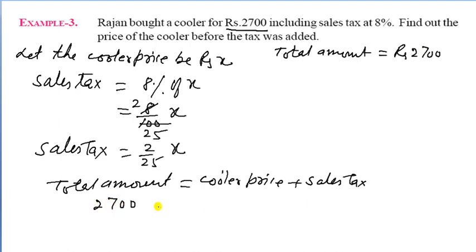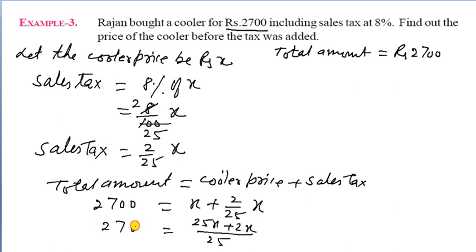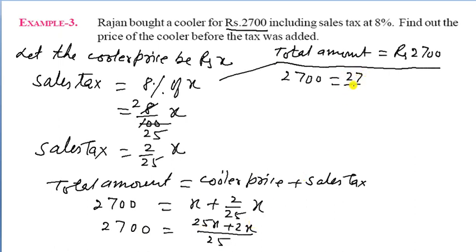So it will be 2700 and cooler price, that is the X, and the sales tax is 2 upon 25 of X. Taking their LCM, it is 25, so it becomes 25 of X plus 2 of X. Here is 2700. So it becomes 2700 is equal to 27 upon 25x.